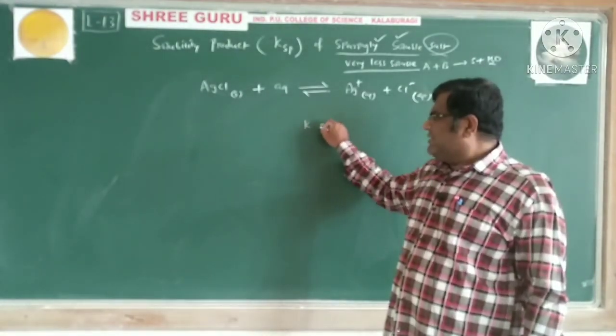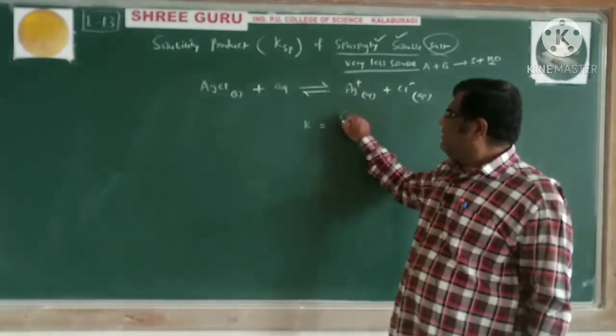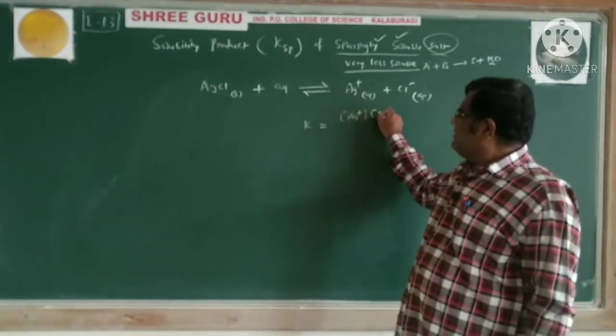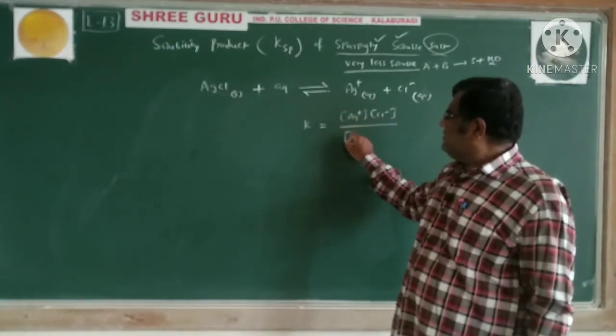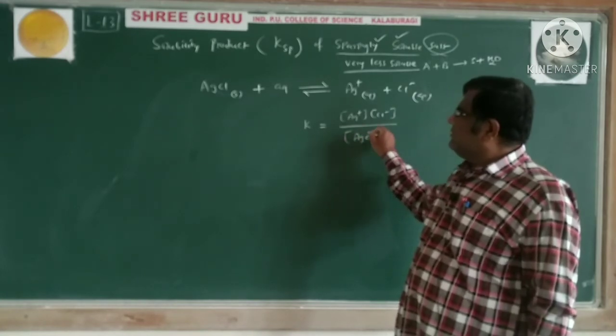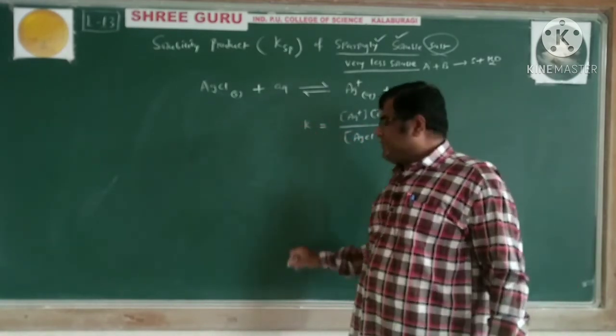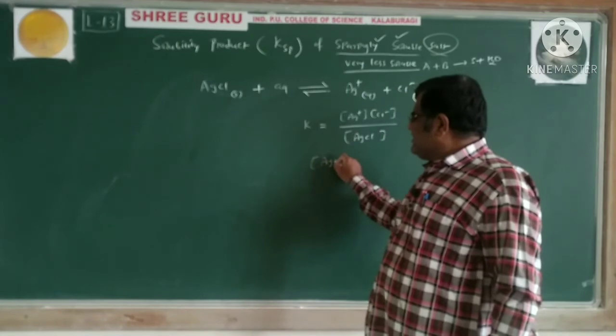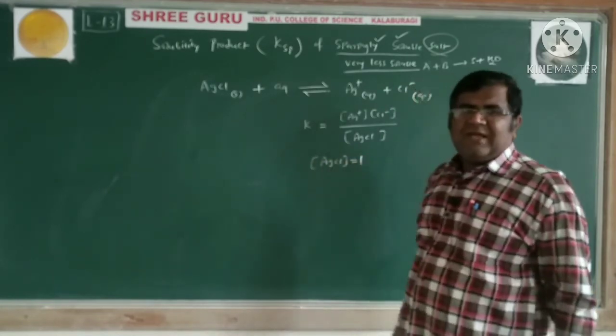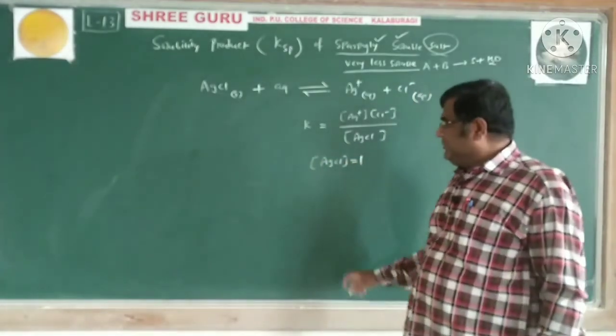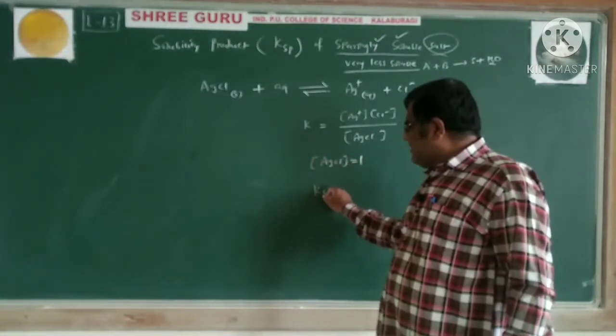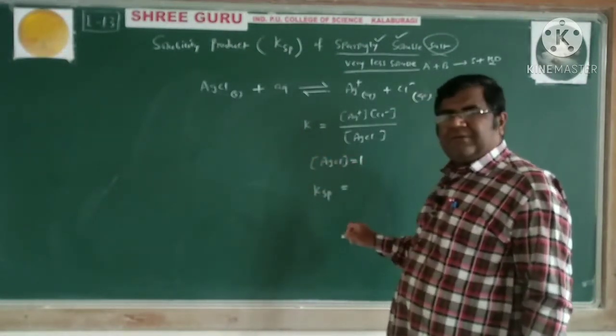We try to write its equilibrium constant K: Ag plus, Cl minus, and AgCl. But this AgCl is in solid state. So the concentration of this AgCl is assumed to be unity. So this K becomes Ksp, the solubility product.